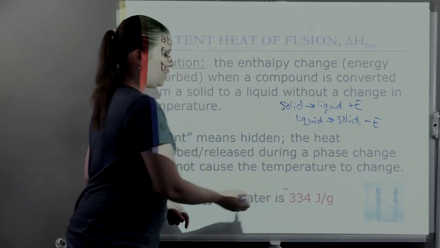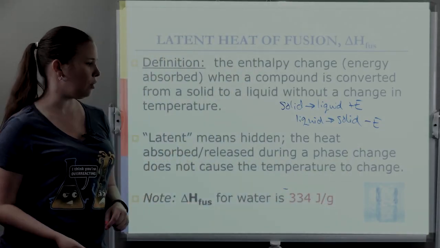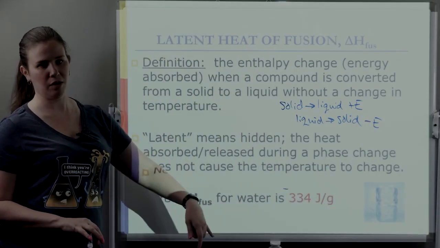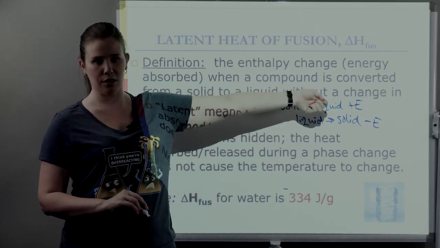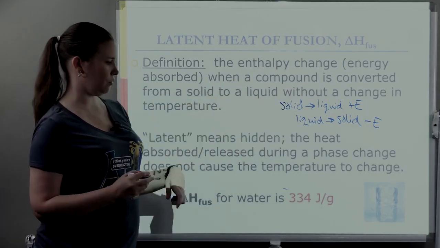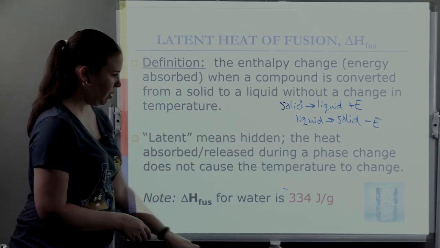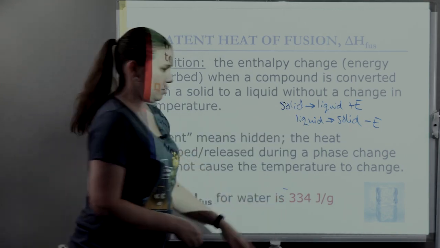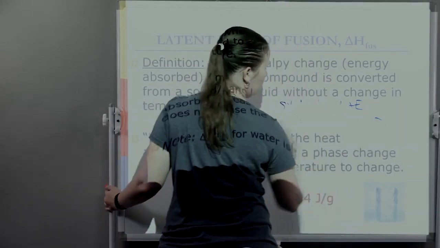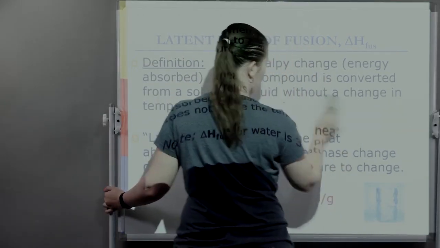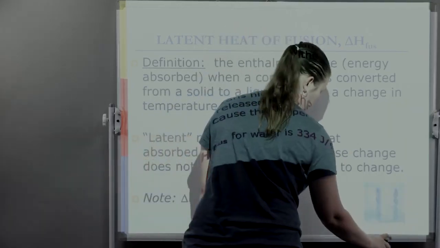And so this would be a negative 334 joules per gram if we're talking about the freezing process. Positive if we're increasing the energy of the particle, negative if we're decreasing the energy of the particle. Same amount of energy, but you just have to consider whether it's exothermic or endothermic. And again, endo is always positive and exo is always negative.